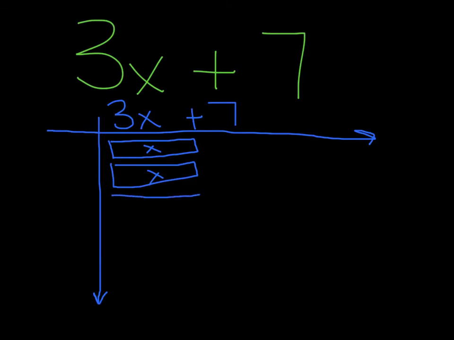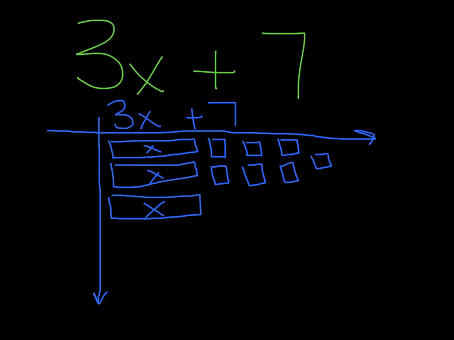Sorry that my boxes aren't super awesomely straight and perfect. And then I have a constant of 7, so I'm going to have 7 of these smaller ones. 1, 2, 3, 4, 5, 6, 7. And that is how I would represent that expression. So there are 3 x's and 7 constants.